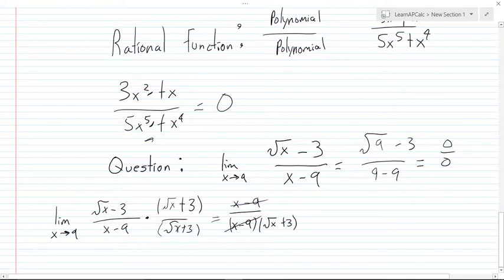I can cancel these terms, and I'm left with the limit as x goes to 9 of 1 over square root of x plus 3. And now we can do direct substitution. 1 over square root of 9 plus 3, and that's 1 over 6. So good question.